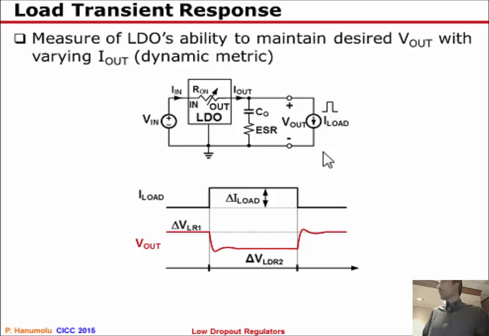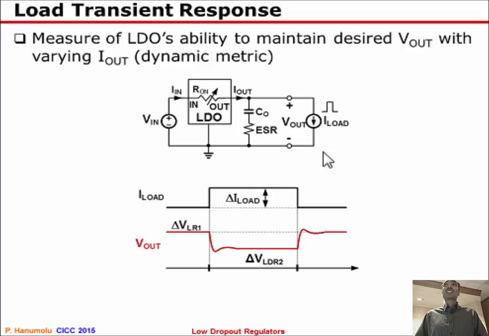If I load is this value, then the static measure tells me that V out is going to be this steady state value. And if I load is this, then the static measure of load regulation tells me that this is my output. The load transient is going to tell me how I transition from this voltage to that voltage. Ideally, we would like to transition very fast, and this is particularly useful in systems where we are dynamically changing the behavior of the circuit.